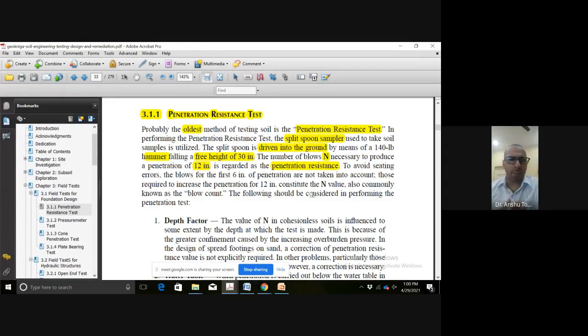That means you put the split spoon sampler down, place it on the surface, and now you give it blows with a hammer which has a particular weight. That hammer has a particular weight of 140 lb. So the number of blows required, N, is the number of blows in capital.